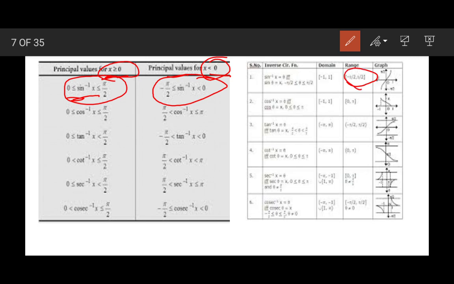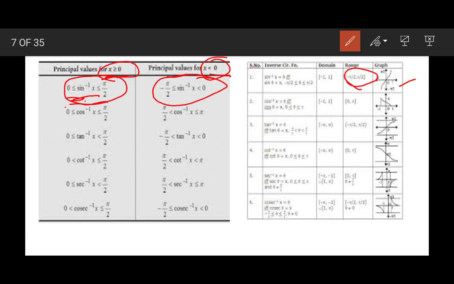As you can see in this graph, for 0 less than or equal to sine inverse x less than or equal to pi by 2: if the angle is 0, then the value is 0. If the angle is pi by 2, meaning 90 degrees, then the value is 1.